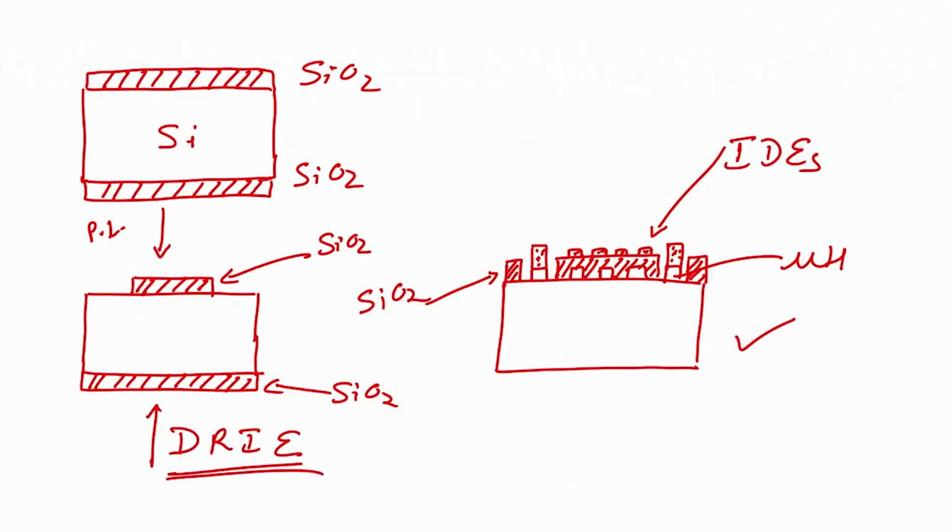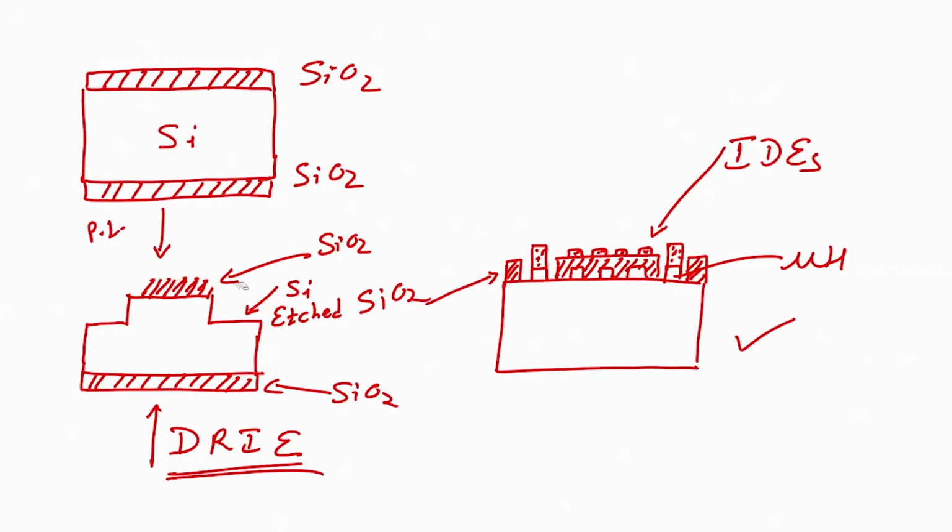When I perform DRIE, what will happen? The silicon in the area which is protected by oxide will stay, and the area which is not protected by oxide will get etched, right.